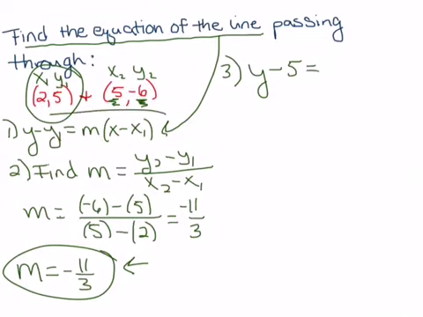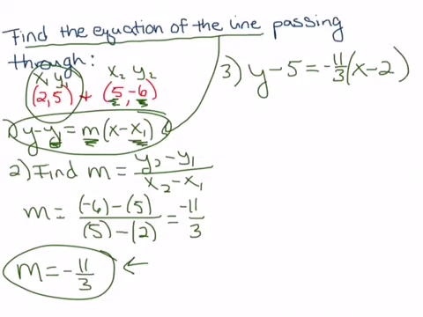So I'm going back to this equation right here. y1 was 5, m is our negative 11 thirds, times the quantity x minus, finally, x1, and x1 is 2. If we had wanted to, we could have done the same process, plugging in x1 is 5 and y1 is negative 6. It would get us the same final answer, although this step will look very different.